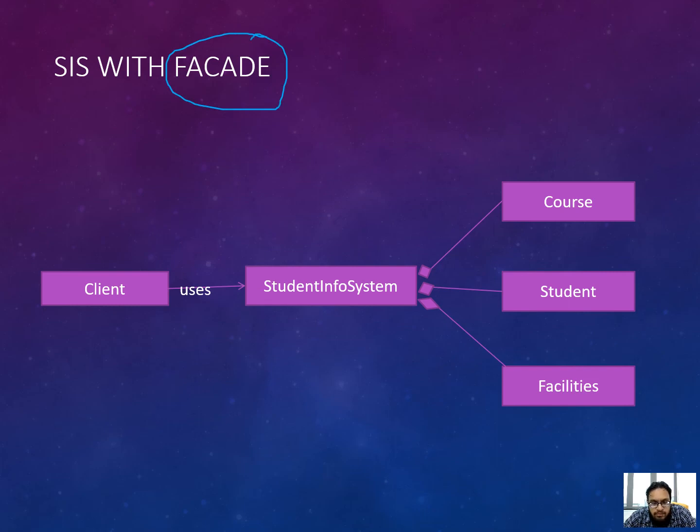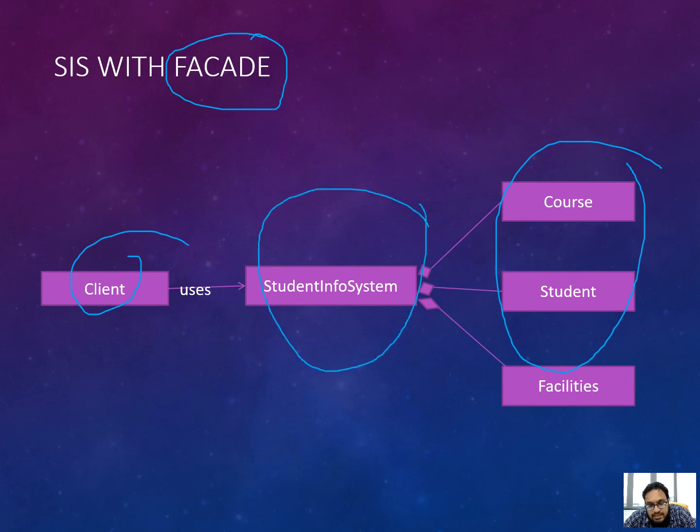Facade, as we know, is a middleware that interacts between the client and the modules or classes. Therefore, we add a middleware, we can say a system or an interface, that becomes the intermediate between the client and the classes. Therefore, it solves the problem of the client interacting with three different classes.